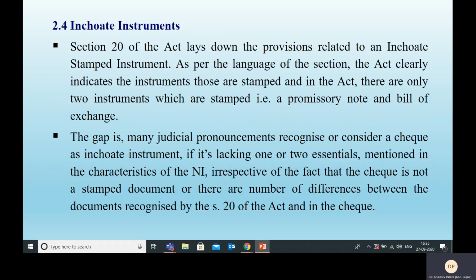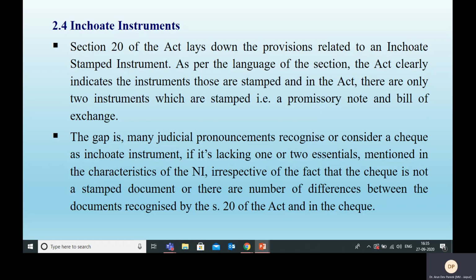As far as 2.4, inchoate instruments, are concerned, section 20 of the Act lays down the provisions related to an inchoate stamped instrument. As per the language of the section, the Act clearly indicates the instruments that are stamped, and in the Act there are only two stamped instruments, that is a promissory note and a bill of exchange.